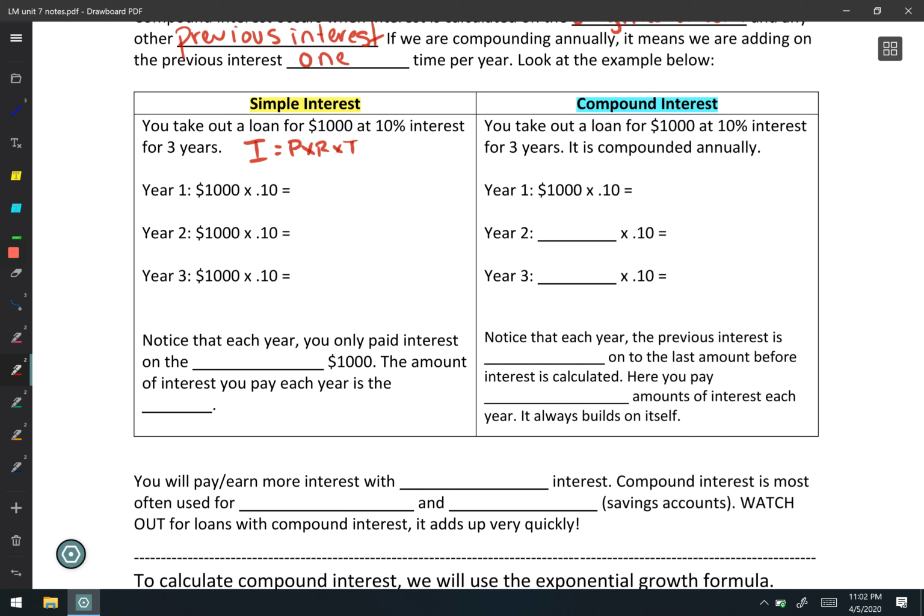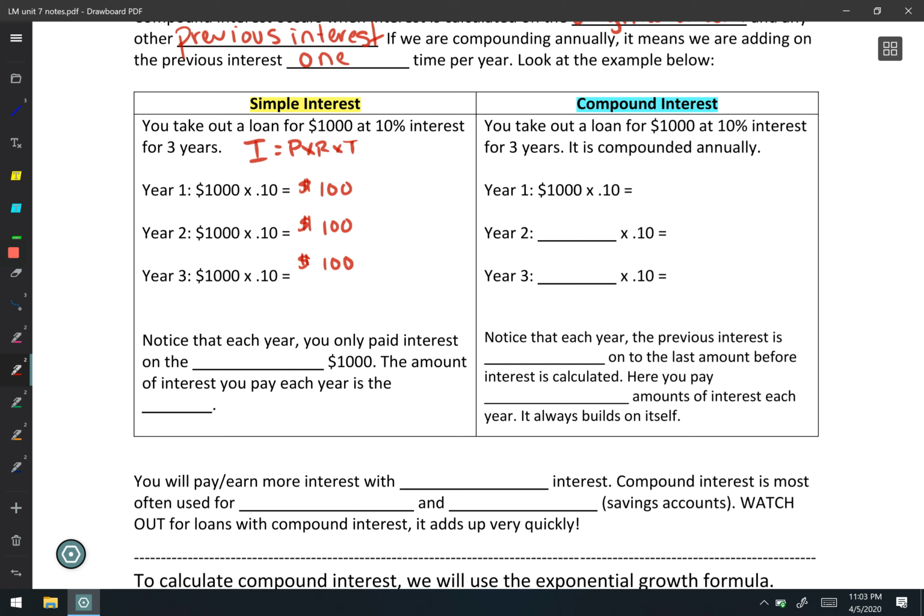So down below we have 1 year at 10%. Year one, $1,000 at 10% is $100. Year two at 10% is $100. And then year three at 10% is $100.